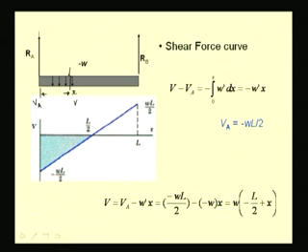Once we have constructed the shear force curve, we can determine the area under the shear force curve, and thus we can move on to draw the bending moment curve.